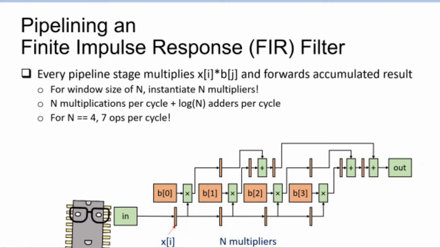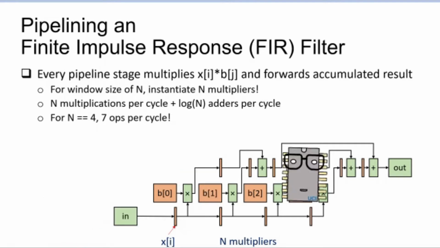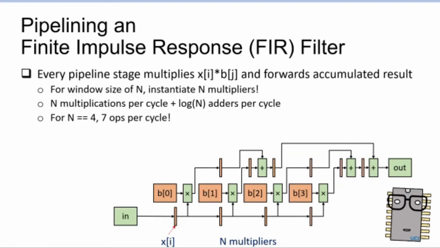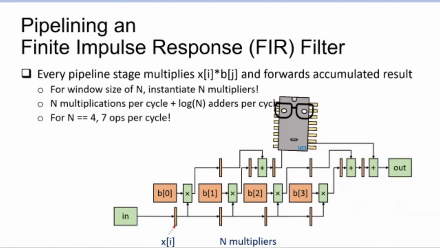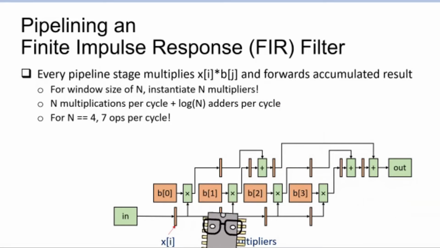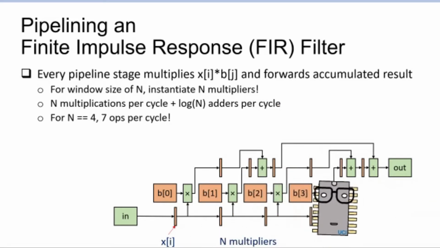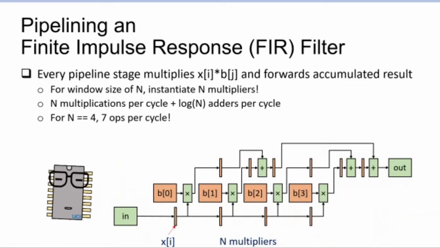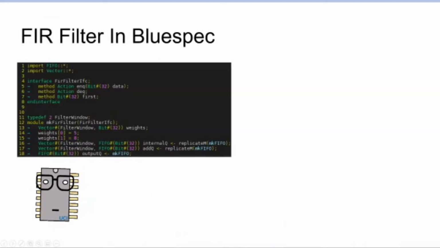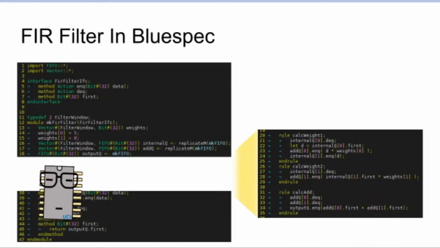Data is always just flowing in, one element per cycle. Results are always flowing out, one element per cycle. And we have enough processing units, multipliers, and adders to keep that flow going without any back pressure. And we showed how that was done in BlueSpec.